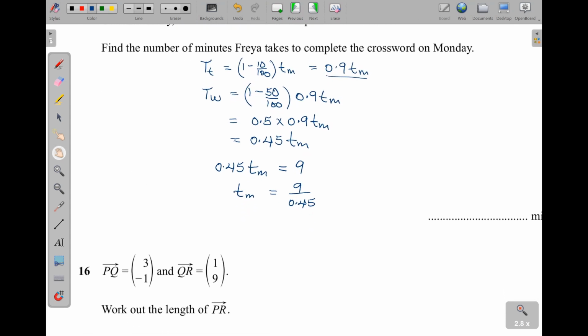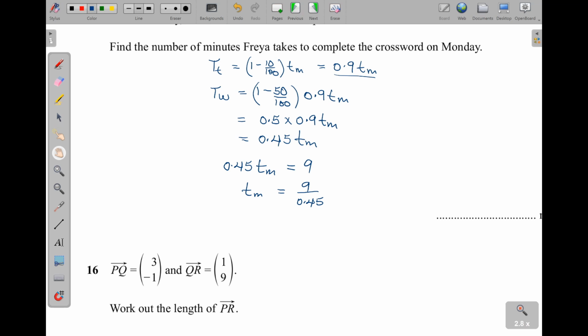I can simplify this way: 9 over 45 over 100. So that means I will have 9 over 1, times the reciprocal of this one, 100 over 45. Now, 9 goes into 45 5 times, and then 5 goes into 100 20 times. So our answer here is going to be 20. All right. That is that.